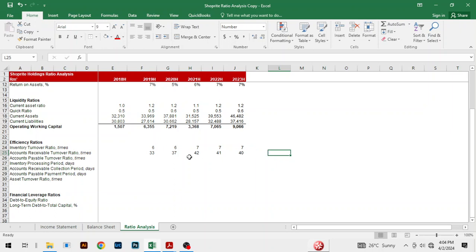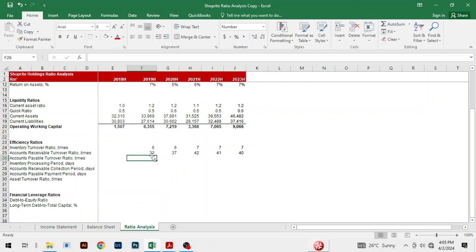And also for inventory, I see there's an improvement there. Right, they are trying to increase the number of times they replenish, which means they are selling more. Right? They're pushing volumes faster, which is a great sign, by the way.